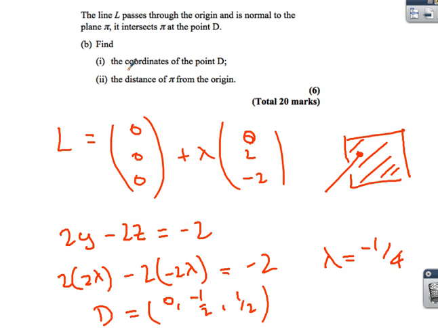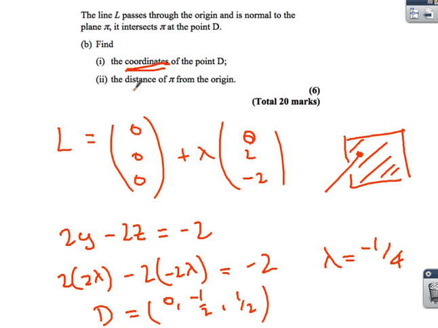Now be careful here, it says coordinates, so I need to write it in this form here. I can't write it as a vector, I will lose marks if I do that. So the coordinate, I need to basically put this in here and then convert this just simply by writing it in that form rather than a vector form. Okay, so there we go, that's D.